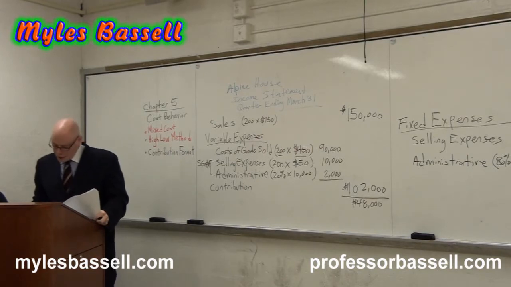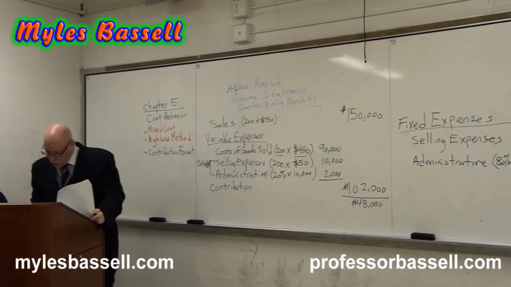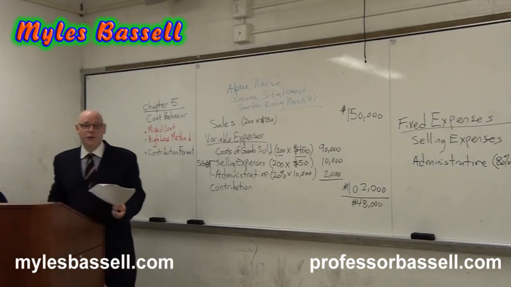Well, we have to do a calculation there because we have 200 pairs times $50. Remember, they tell us that the variable expense is $50. So what we have to do is subtract the variable expense from the total selling expense to get the fixed cost.